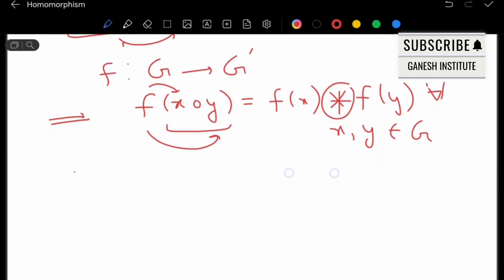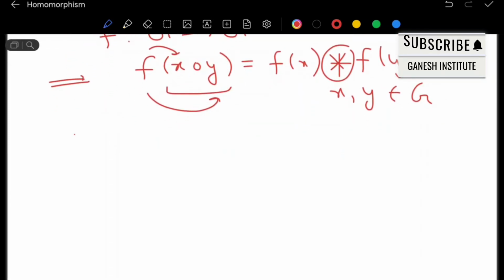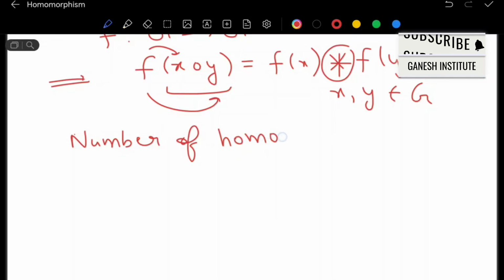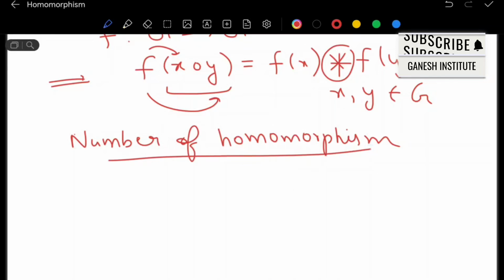Whenever we have to find out how many homomorphisms there can be, then we need to check which sort of group we are having. For example, let's say I'm having a mapping from Zm to Zn.